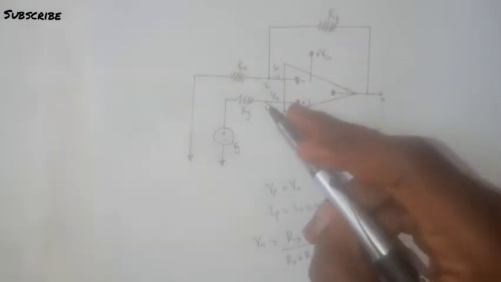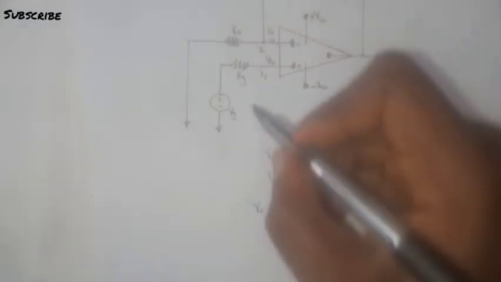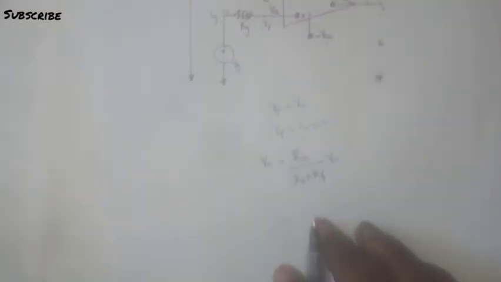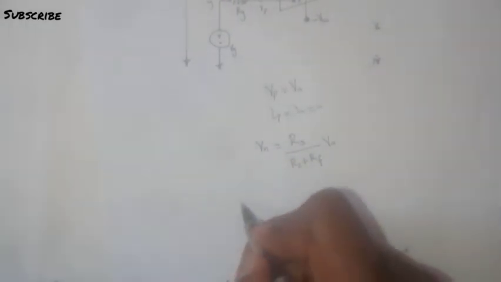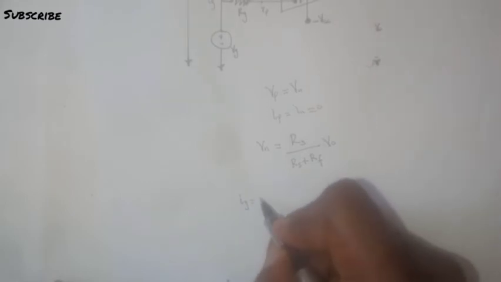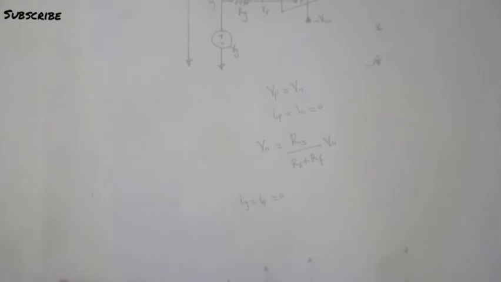Then we can come here and say that if we call the current here IG, that means IG equals Ip, which is equal to 0. And what is the value of IG?